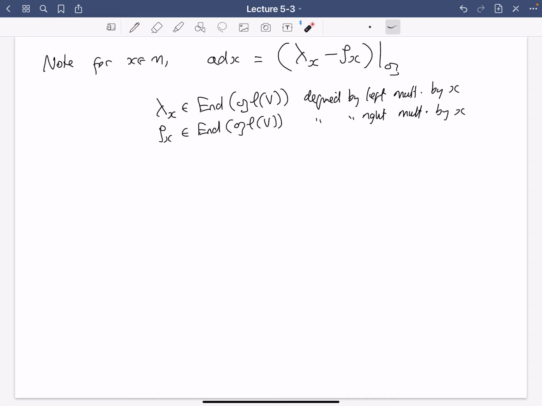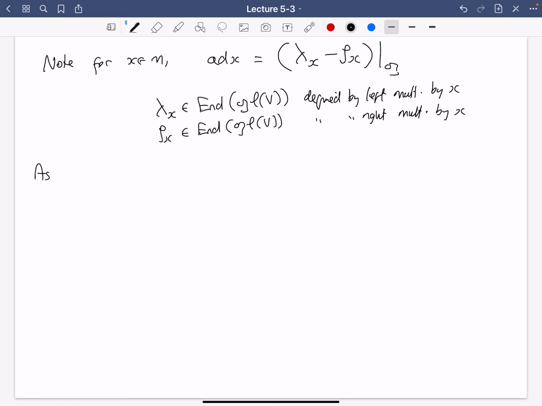That lambda x minus rho x is exactly what ad x is, but I'm thinking of ad x as being an endomorphism of the subalgebra G, not all of GL(V). So ad x is lambda x minus rho x restricted down to this subalgebra G of GL(V) that we're given.